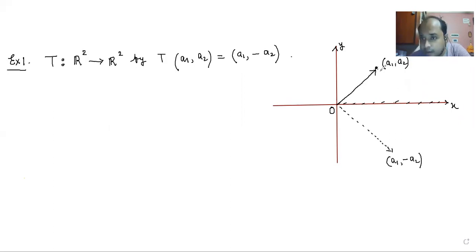So the distance from the origin is the same. This distance is a1 for both cases. This distance is a2, and that distance you can consider as minus a2.